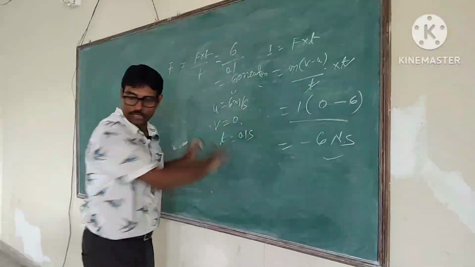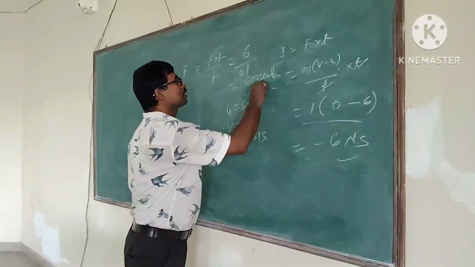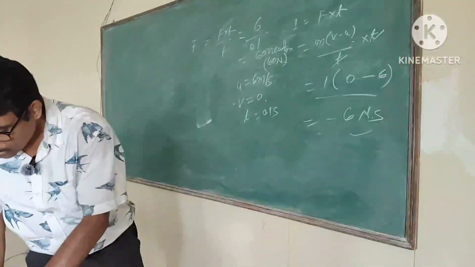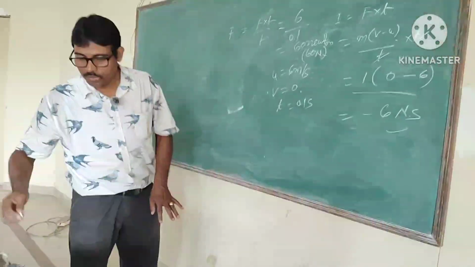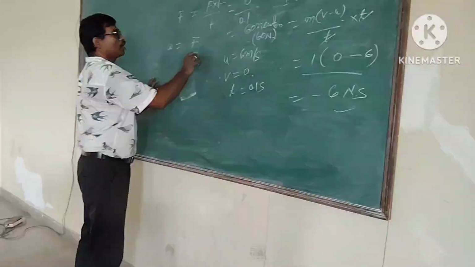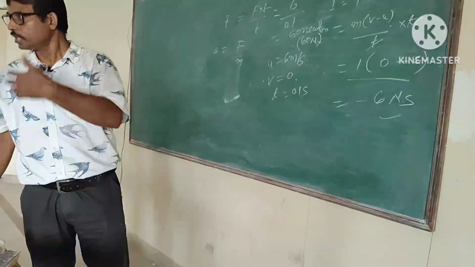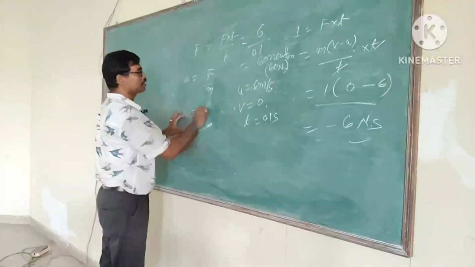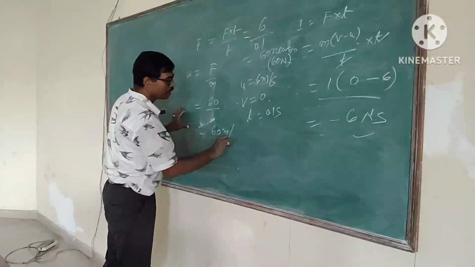You are getting 60 Newton. Then another part is the retardation, how much? a is equal to F by m, the opposite of acceleration. The velocity decreases with respect to time, that is known as retardation. F is 60, m is equal to 1, so that is 60 meter per second square.